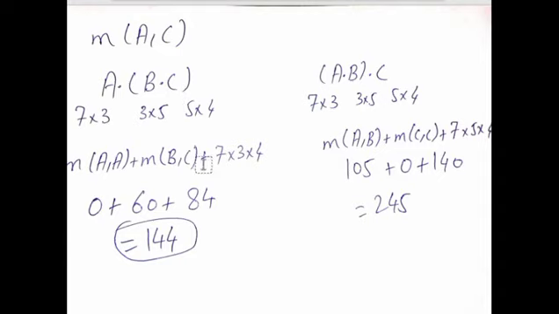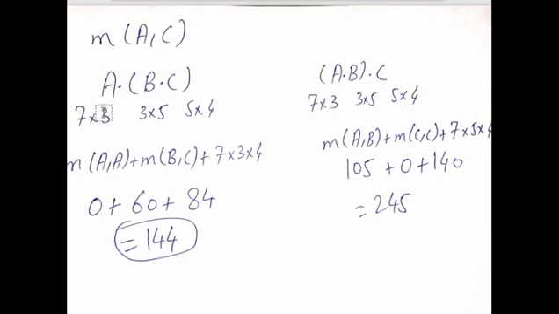Here the 3 and this 5, as they are the same, so we will take them as ones. We just take their corners, so 7 into 3 into 4.